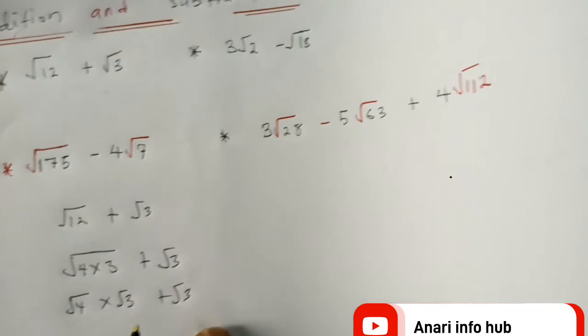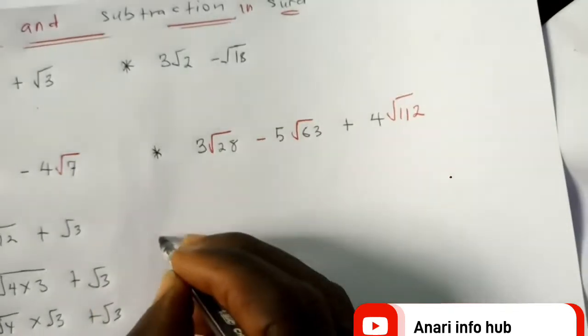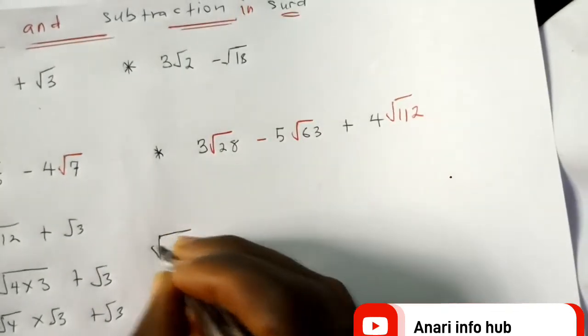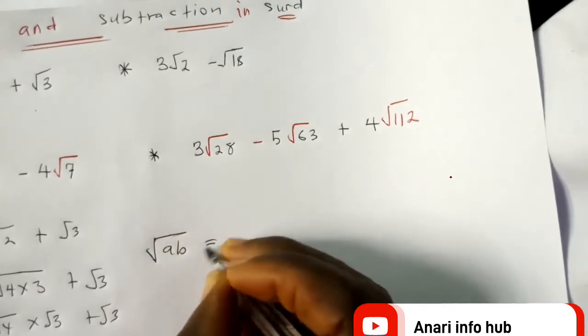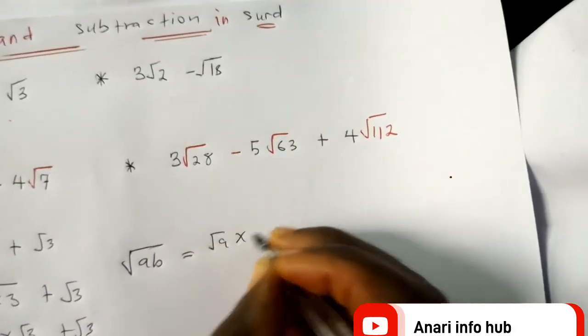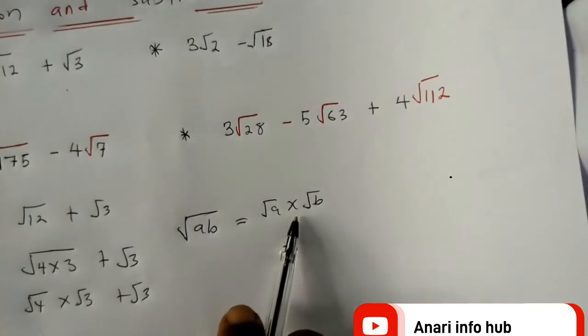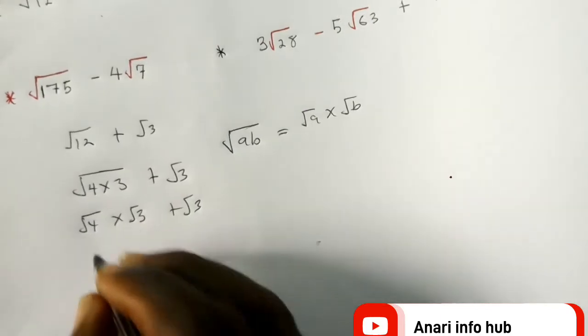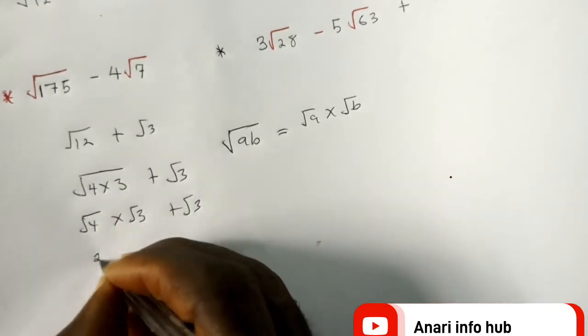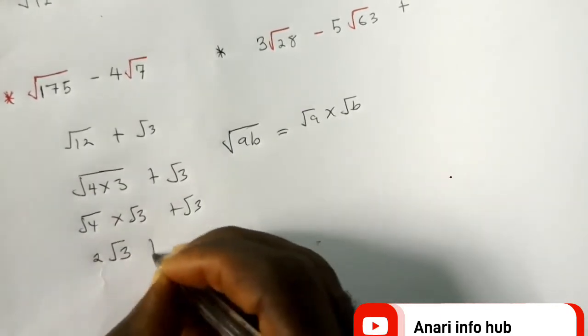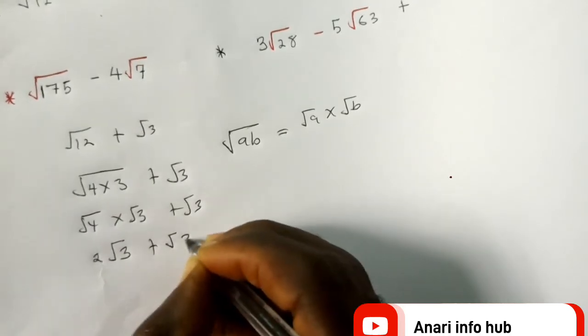Because there's a rule in surds that says root AB is the same thing as root A times root B. It is a multiplication rule in surds. Now this is a perfect square, so the square root of 4 is 2. That's 2 root 3 plus root 3.